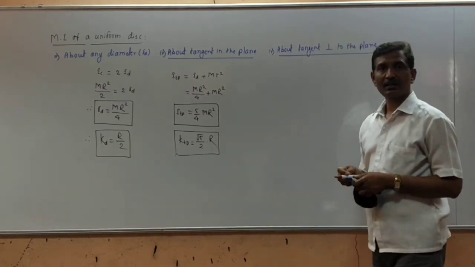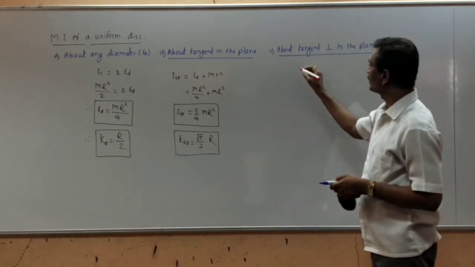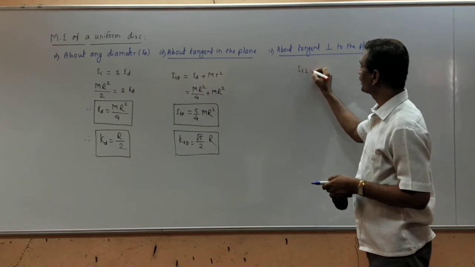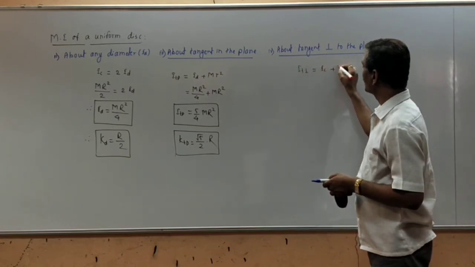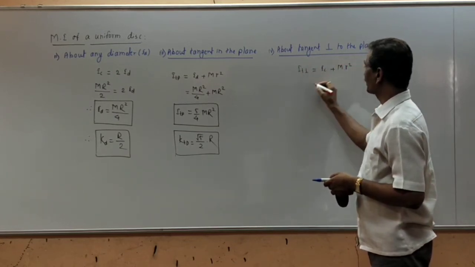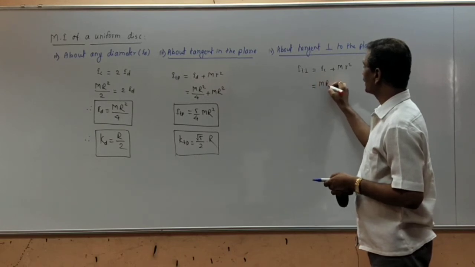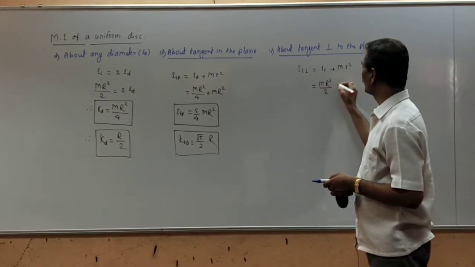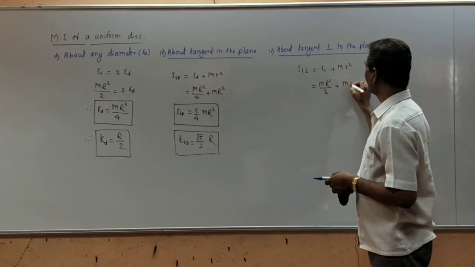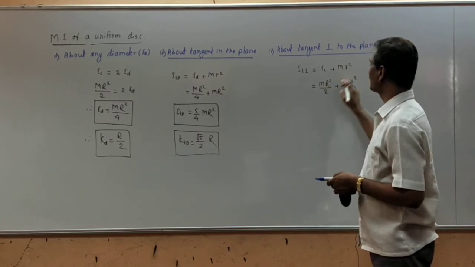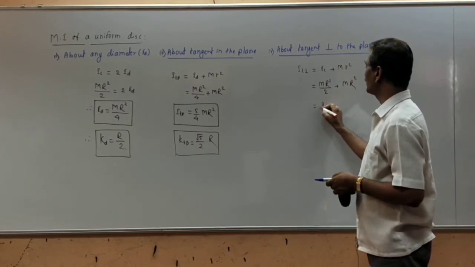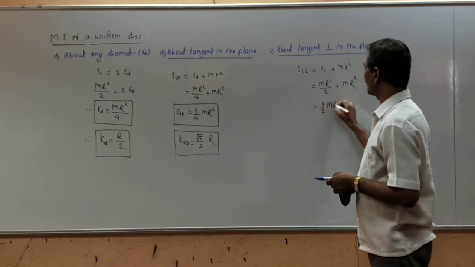Again, parallel axis theorem is applicable as that of the ring. So it is IT perpendicular is IC plus MR square. IC for disk is MR square by 2 and small r is what? Here capital R. So 1 MR square plus 2 MR square, it is 3 by 2 MR square.